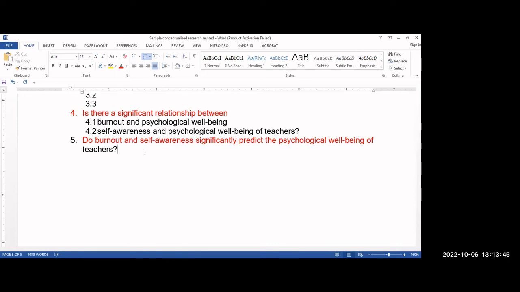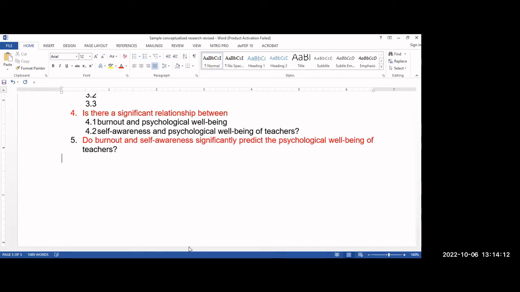So the inferential question would need a hypothesis, okay? It will link variables and it will determine whether this particular question, you will test utilizing the hypothesis that you will use as aligned to the research question.